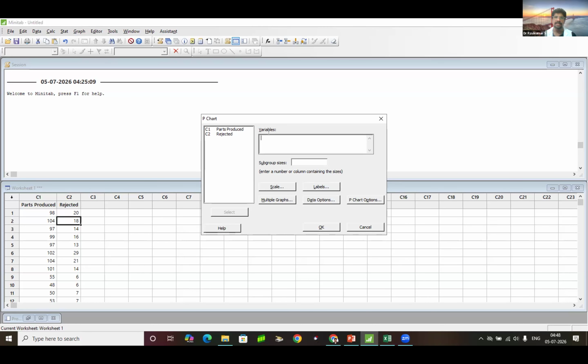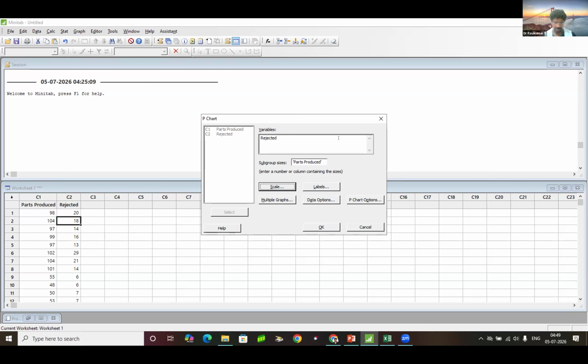Now click on the Variables field and select parts produced. Variables is rejections, and subgroup size is the parts produced. Have we done this? Guys, give me a yes or no. You have to give me a response then and there.